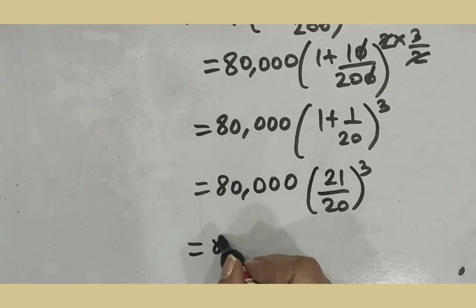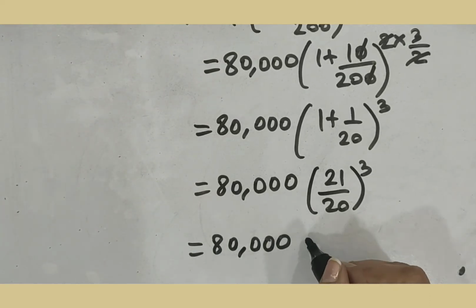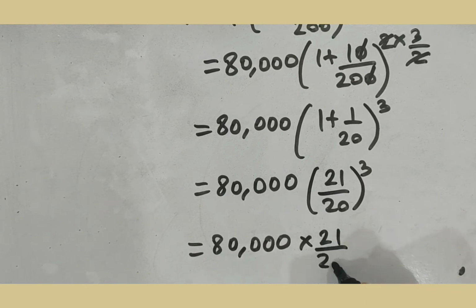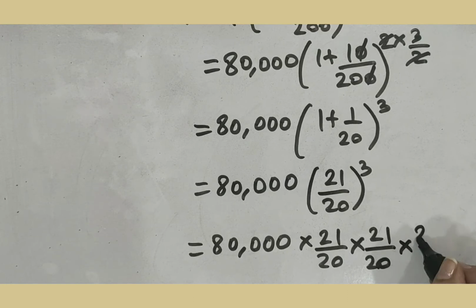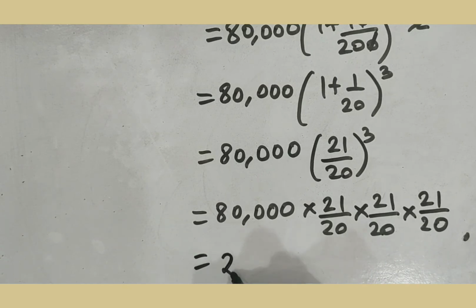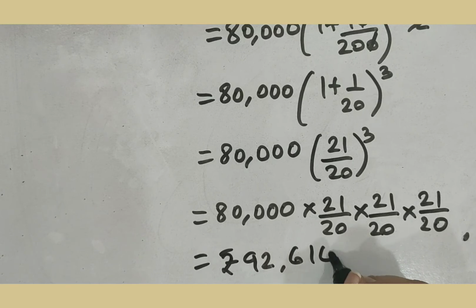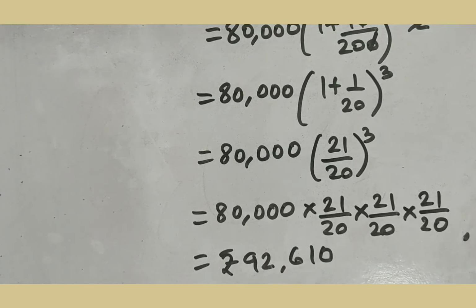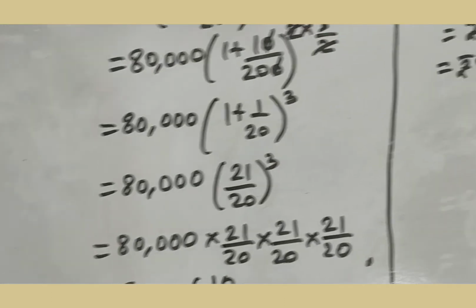So it will be 80,000 into 21 upon 20 multiply by 21 upon 20 multiply by 21 upon 20. So if I do all cancellations, then I will get my amount as 92,610.